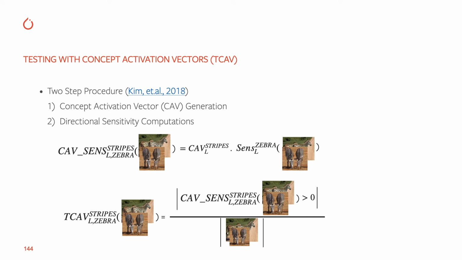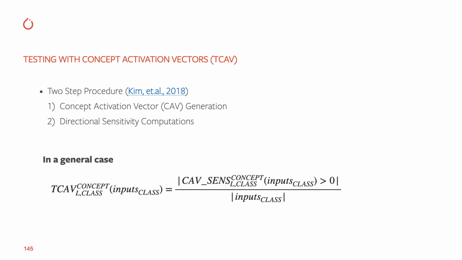In other words, TCAV represents the fraction of images for which the sensitivity direction is aligned with the CAV direction. In a general case, the TCAV score for a given class, layer, concept, and input images is equal to the fraction of examples for which the CAV and directional sensitivity vectors are aligned and are non-zero.